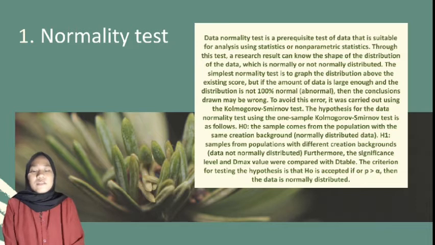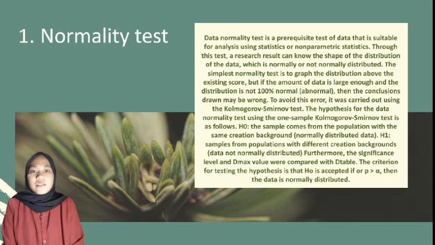The simplest normality test is to graph the distribution of the existing scores, but if the amount of data is large enough and the distribution is not 100% normal or abnormal, then the conclusion drawn may be wrong.